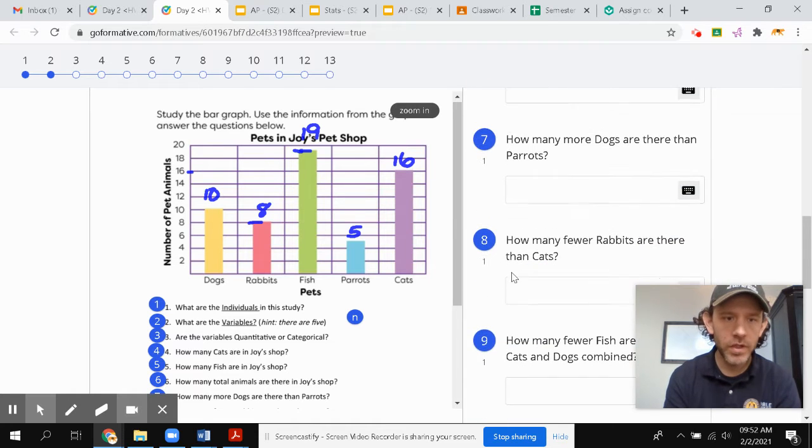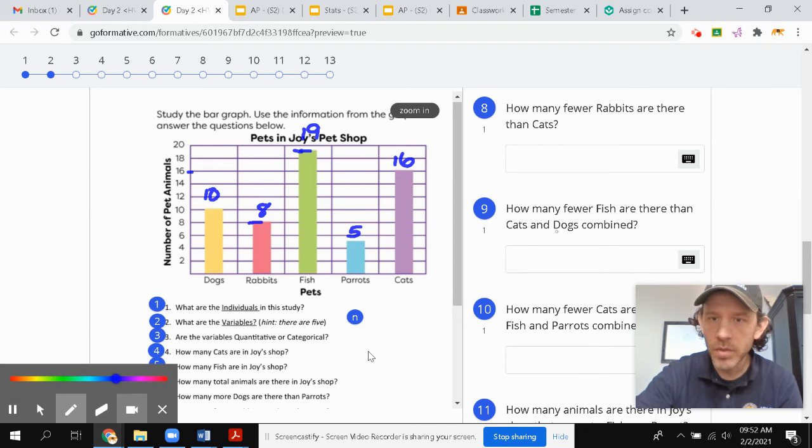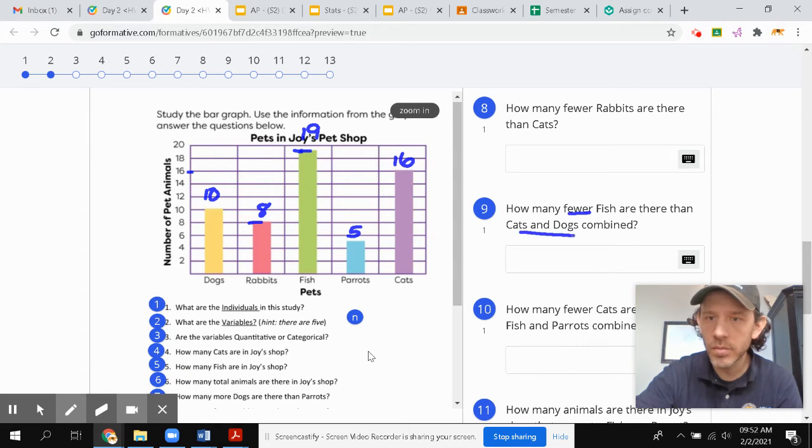When you look further down, like number 9, we have some combinations here and some language about the differences. So if I'm looking at number 9 here, it says how many fewer fish are there than cats and dogs combined?